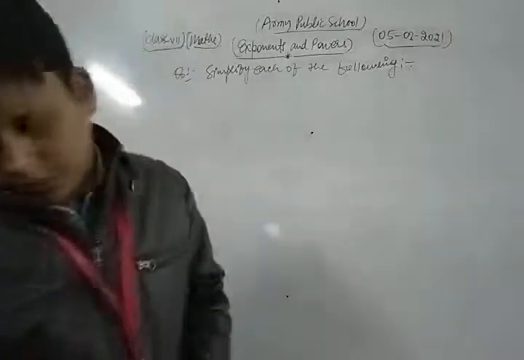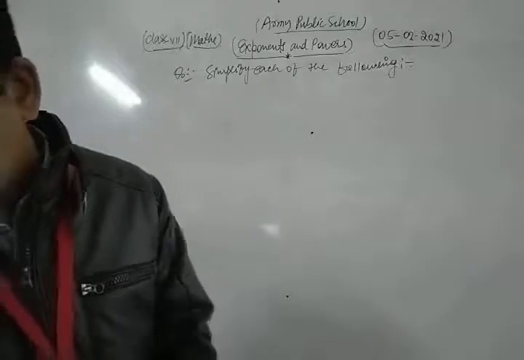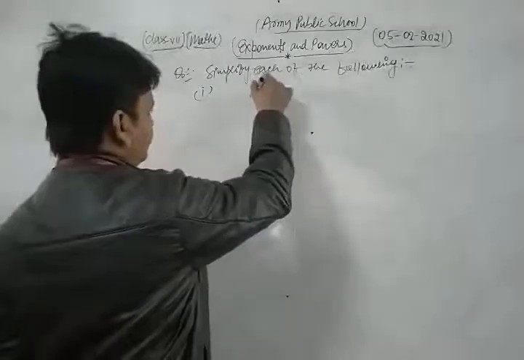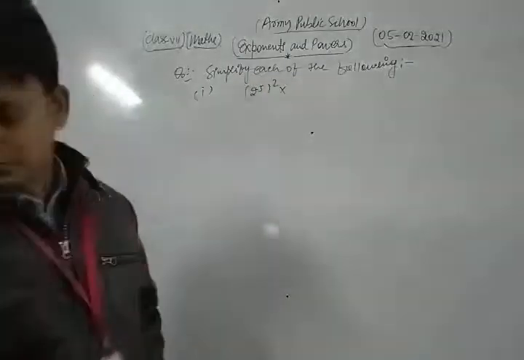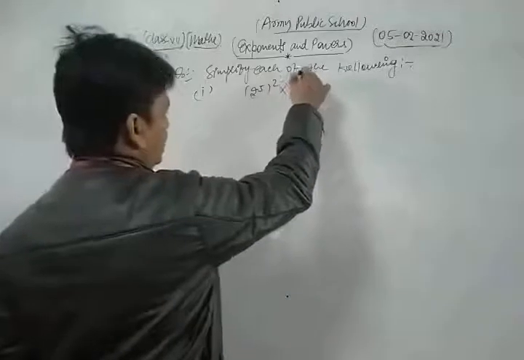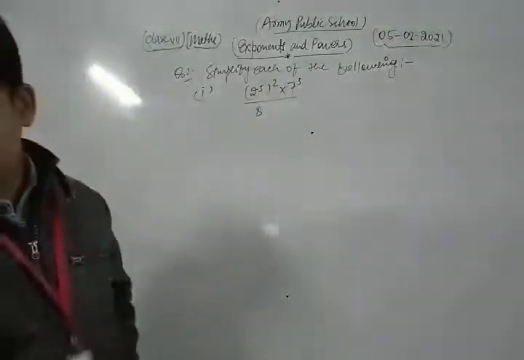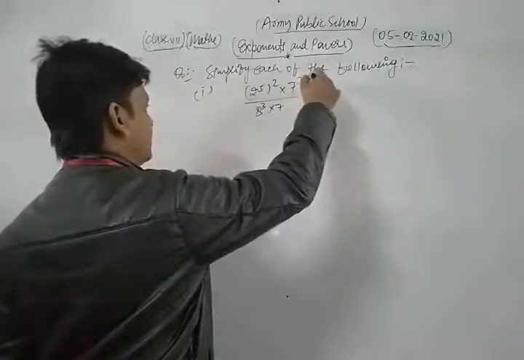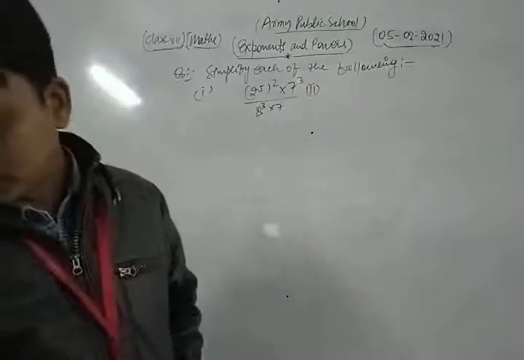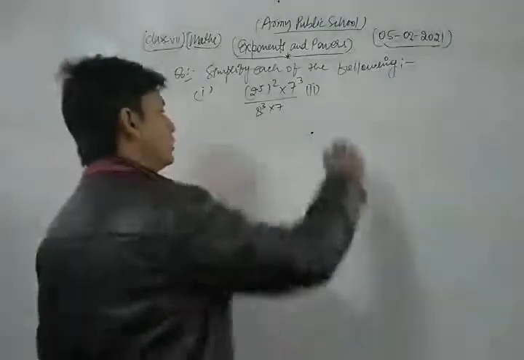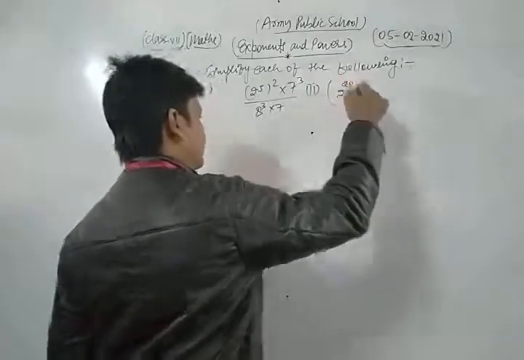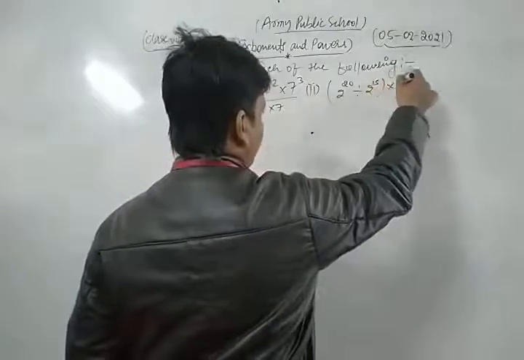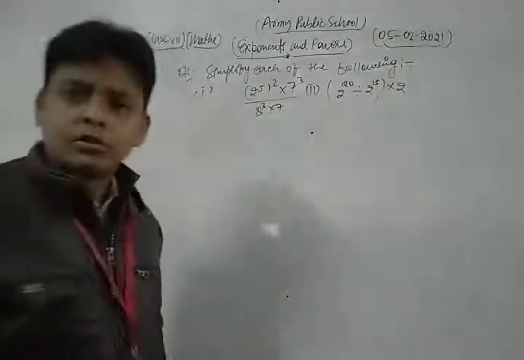And the first part of this question, dear friends, is (2 power 5) whole power 2 into 7 to the power 3 upon 8 to the power 3 into 7. Second part of this question, dear students, is what? 2 to the power 20 divided by 2 to the power 15 multiplied by 2 to the power 4.